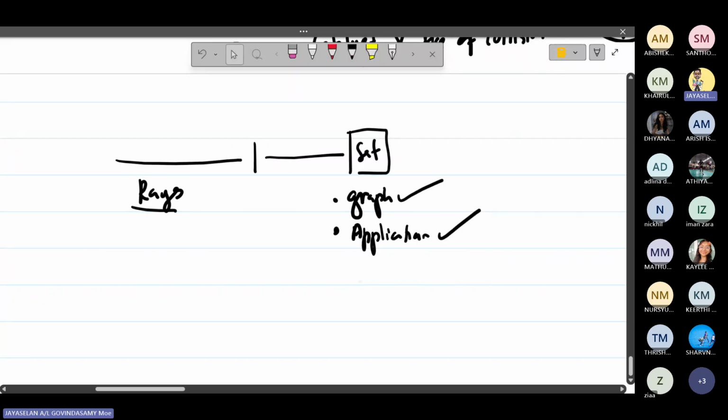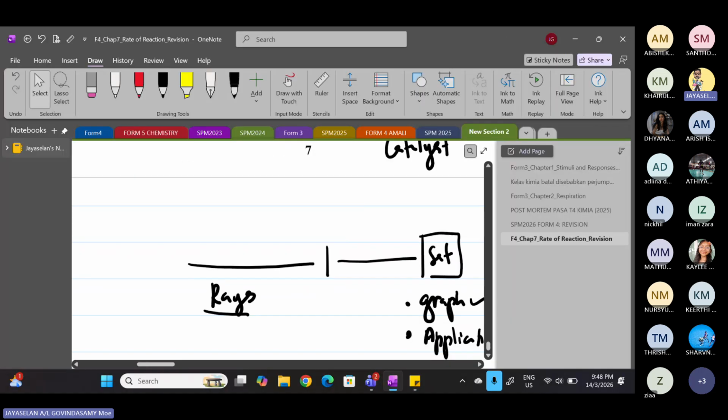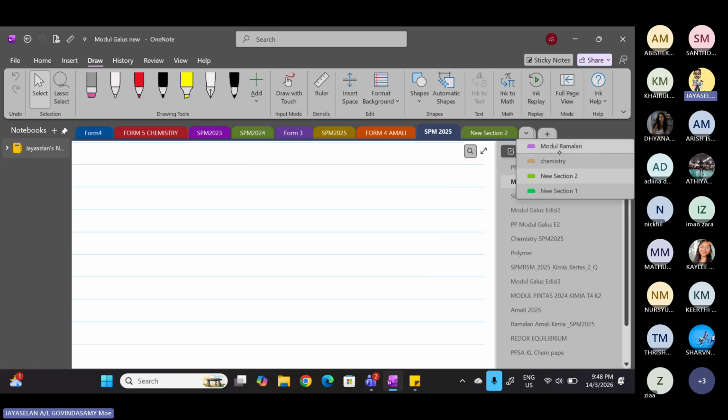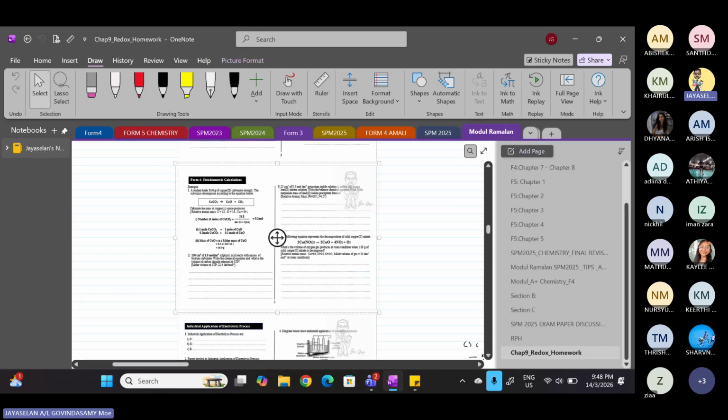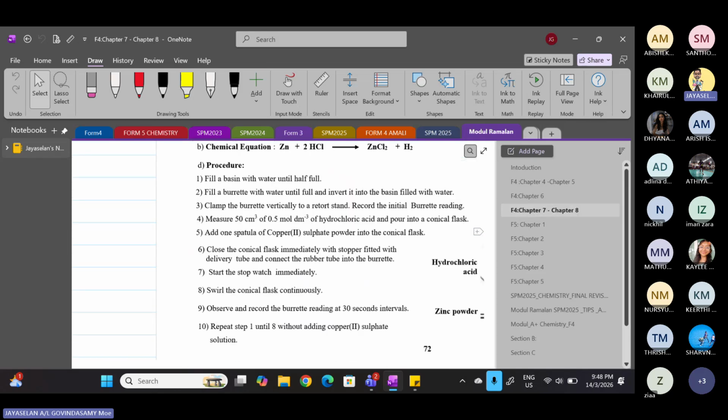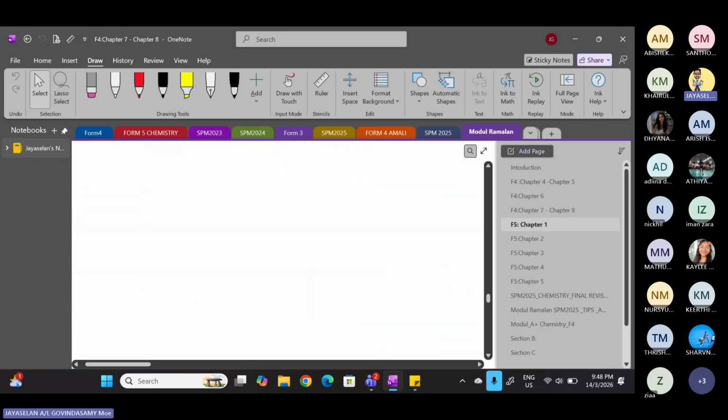So settle. So rate of reaction confirm this year essay question. Application means they will give you what? Kalau you ada masa, you pergi ke buku ni. Okay, buku ni kalau you ada masa, dalam cuti kalau ada masa, you all go to this chapter 7. Okay.